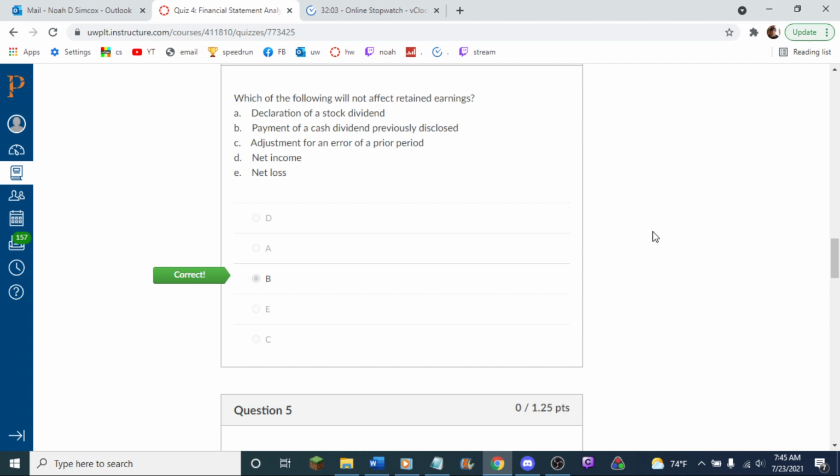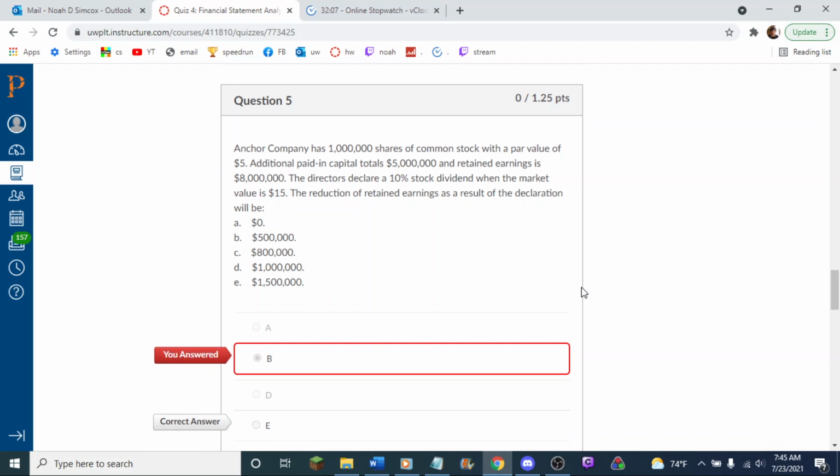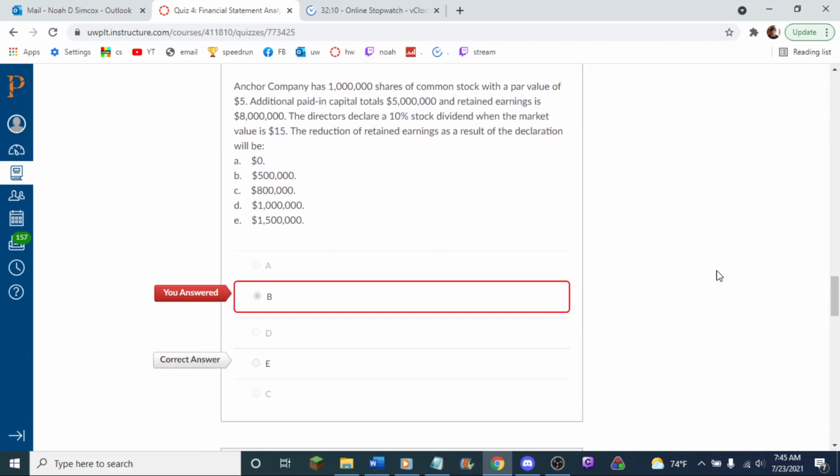Payment of a cash dividend previously. And this is stupid. I don't think I'm going to be able to answer this type of question if it appears on the test.